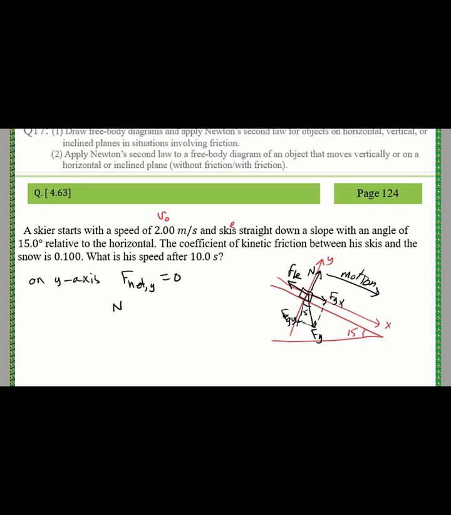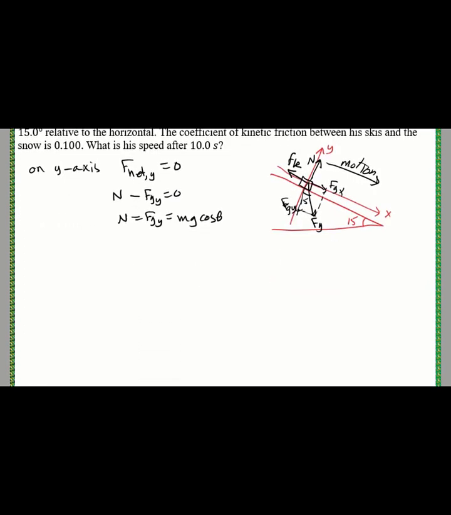The normal up minus Fgy equals 0. So the normal force equals Fgy, which is mg cosine theta. Here we find the friction: Fk equals uk times N. So it is uk mg cosine theta.